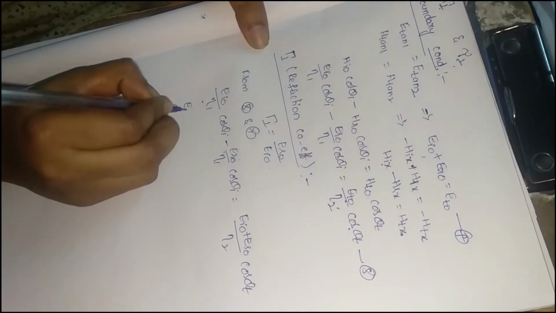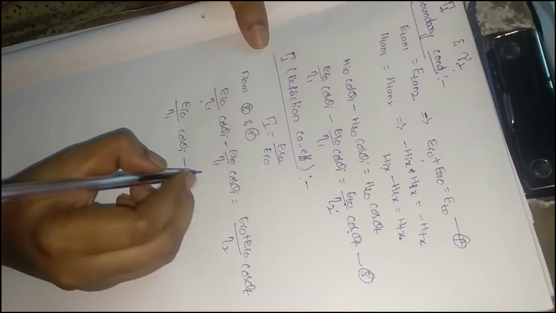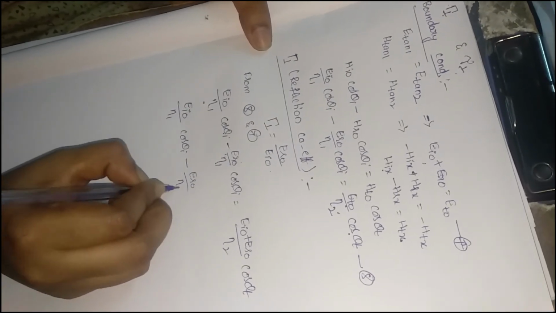Therefore, simplify this expression and group the like variables on one side.